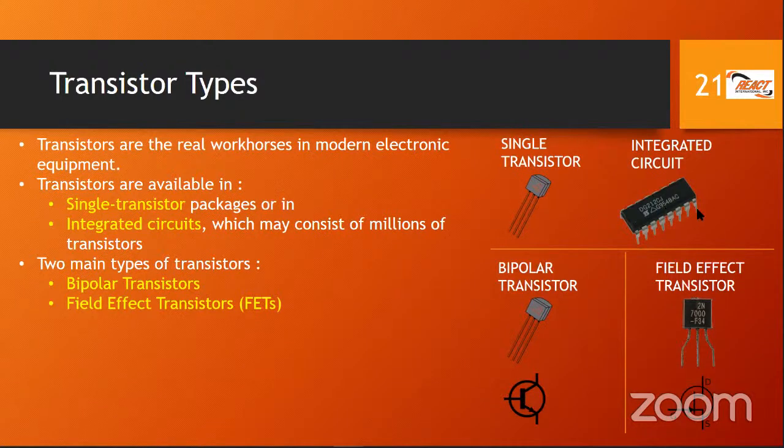So those are the two basic types of packages that you will get transistors in. A single transistor, one transistor, or an integrated circuit. It's the same way that you could go to the grocery and buy one egg, but then you could go and buy a tray of eggs. So think of the single transistor as one egg, and think of the integrated circuits as a tray of eggs, several eggs in one package.